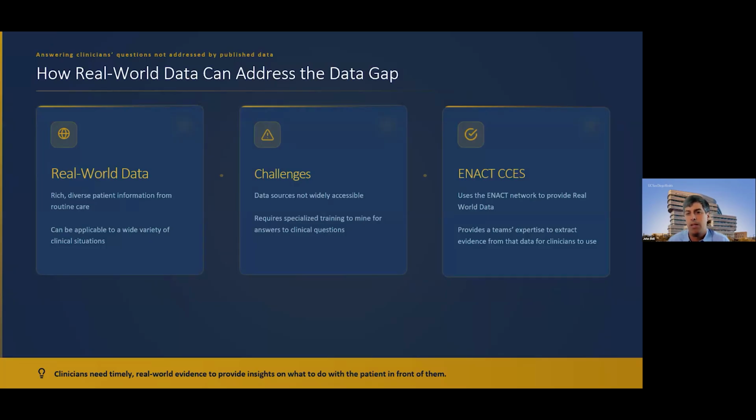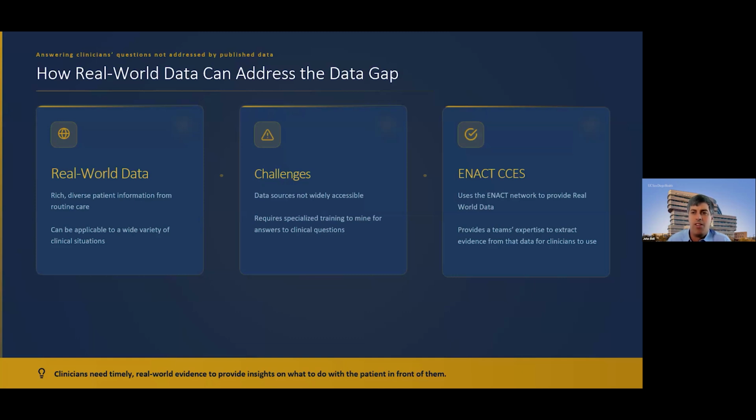One example of a fairly accessible real world data source is that many institutions that have Epic have allowed use of Slicer Dicer. Looking at our institution, which has been very liberal in its access, basically all clinicians have been given access to that database.